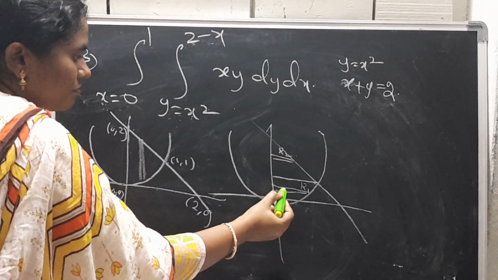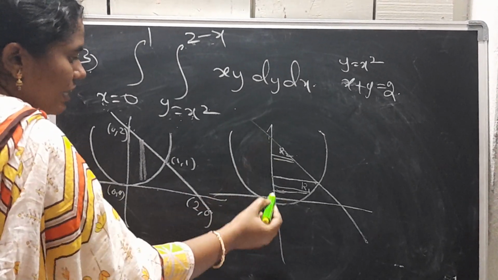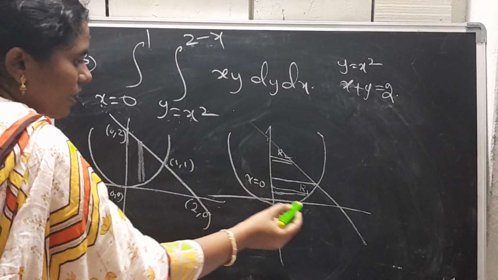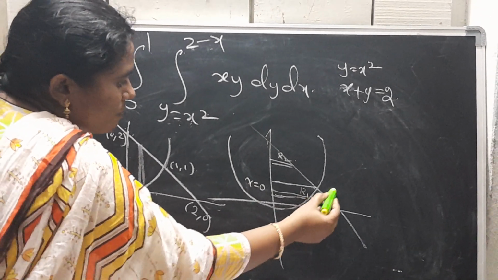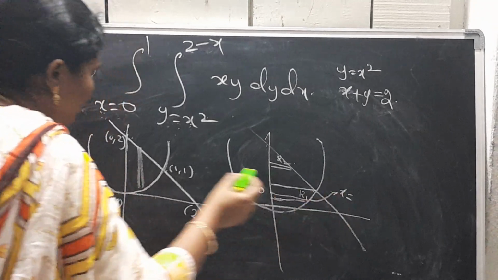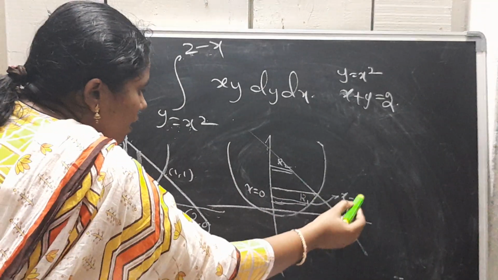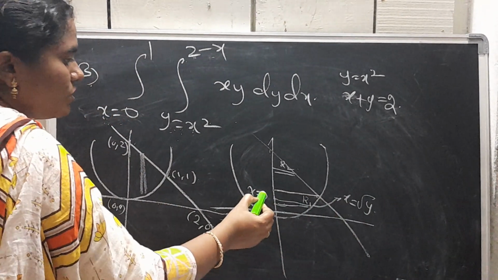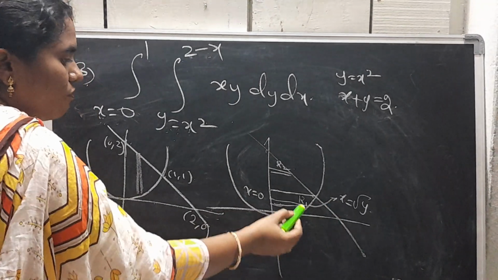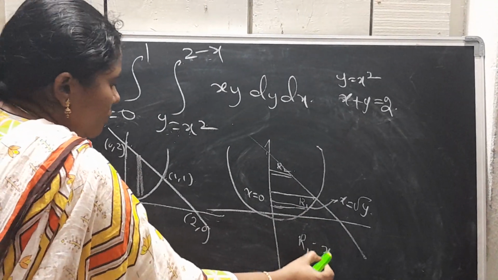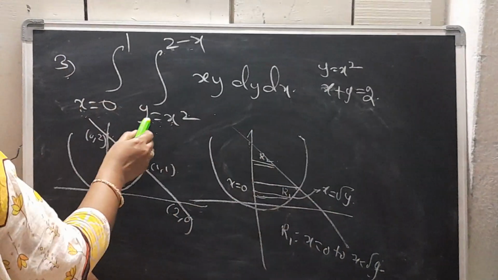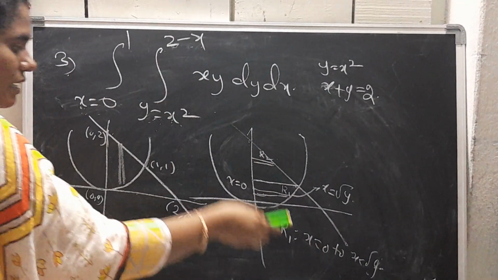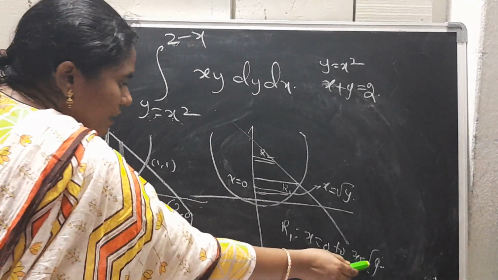Here this line is x equal to 0, and this parabola is x equal to under root of y. So x equal to 0 to x equal to under root of y. This is R1. Here y was a function of x, and you need to change it so x is 0 to under root of y.